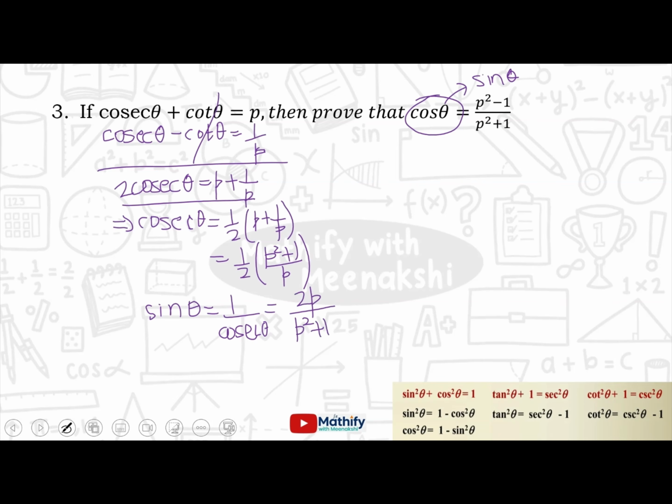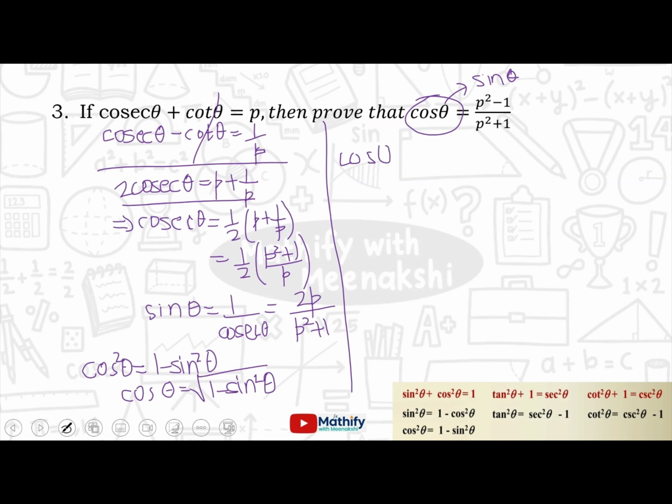Now, what is cos theta in terms of sine theta? As you know, cos square theta is 1 minus sine square theta. So for cos theta, take the square root on both sides. You will get the square root of 1 minus sine square theta. And that is, cos theta is the square root of 1 minus 2p by p square plus 1, whole square.